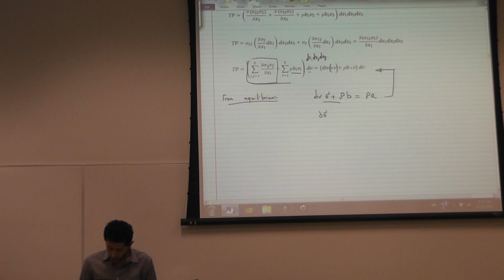This is partial sigma Ji, partial xj, plus rho bi is equal to rho ai.